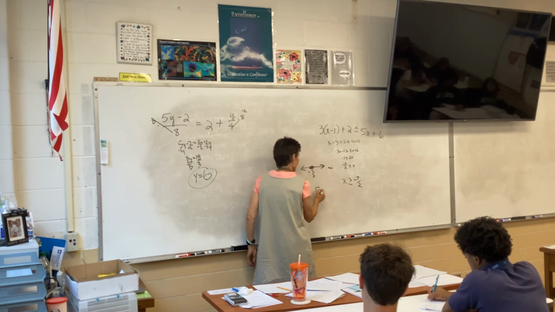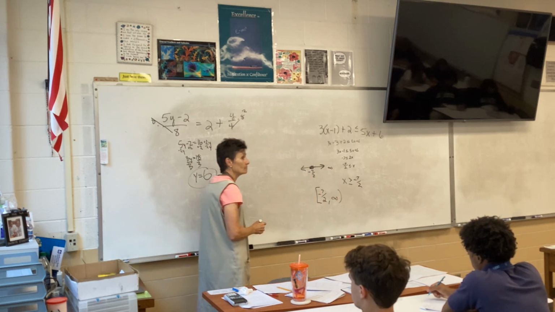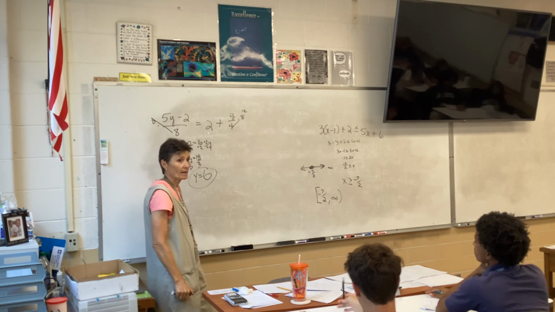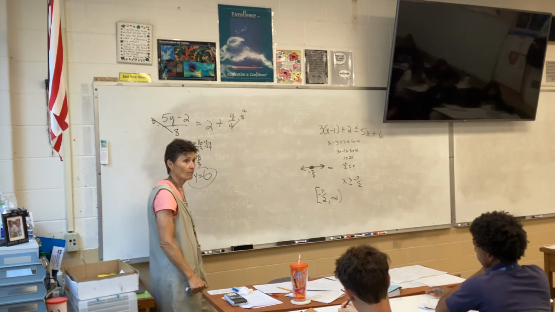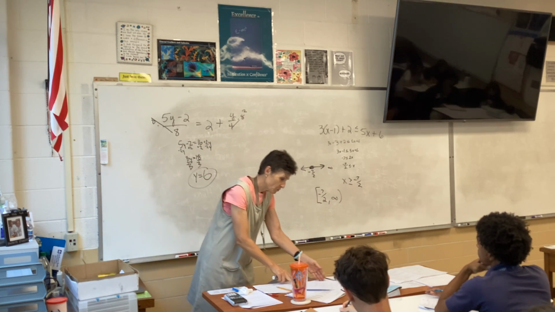So your interval is going to be negative 7/2 to infinity. Does that make sense to everybody? We're not gonna make any goofy mistakes and arrow the wrong way or anything like that? Perfect, you guys are amazing.